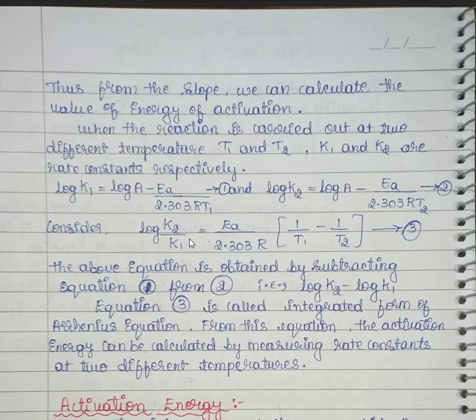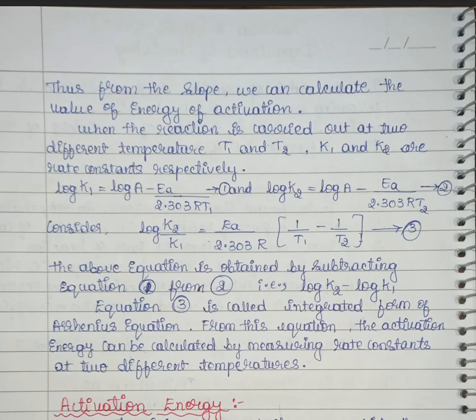Now we are subtracting equation 1 from equation 2. Log A minus log B is equal to log A by B. So log K2 minus log K1, we are subtracting equation 1 from equation 2. So log A will get cancelled. We get Ea divided by 2.303 R into 1 by T1 minus 1 by T2.